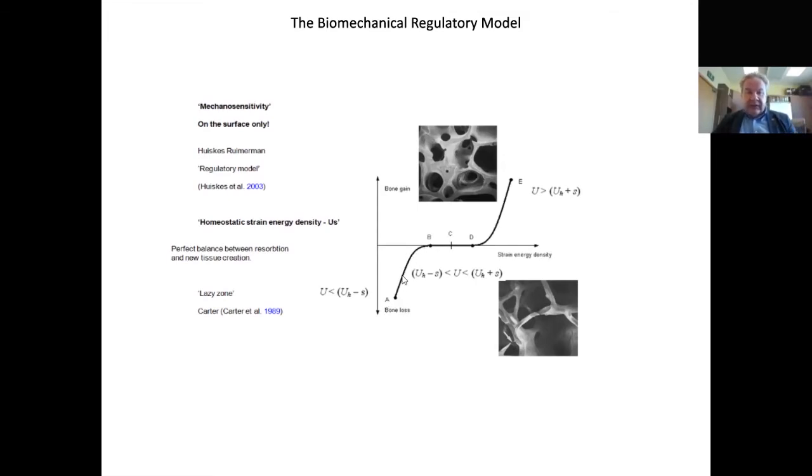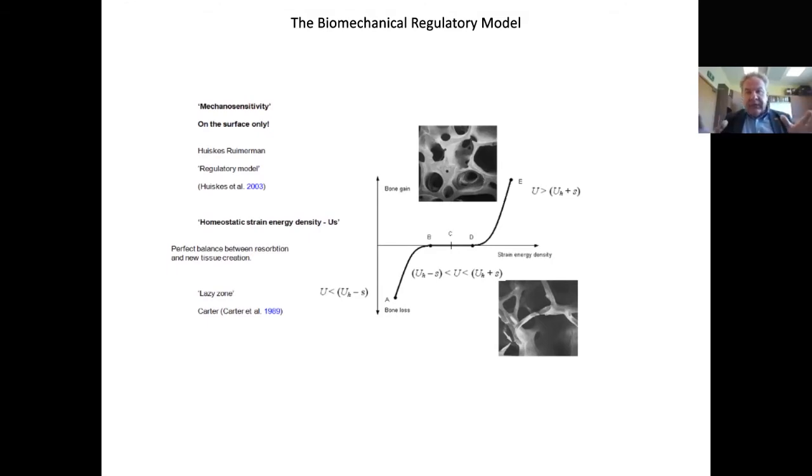There is less bone, so we go back to the lazy zone, because this less stimulation with bone loss will produce the circumstances to go back to this lazy zone. So more or less, the whole regulatory model works like this.